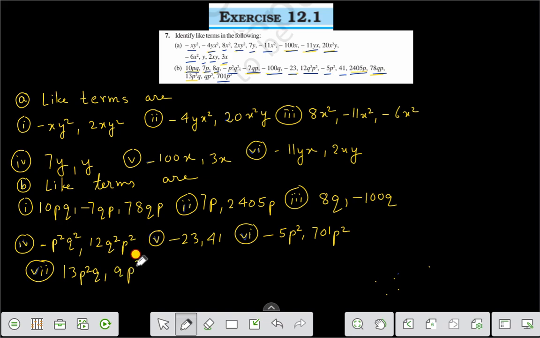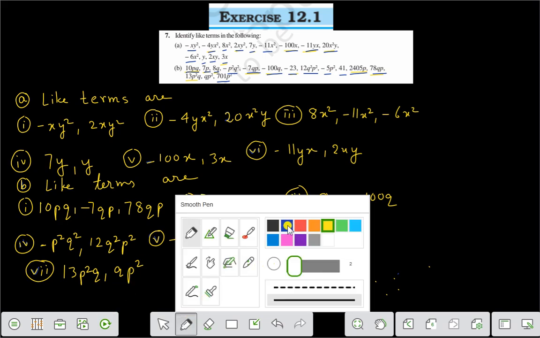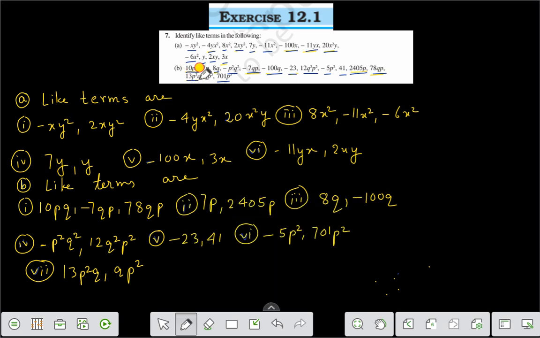Here you see that the power of p is the same, that is 2, and the power of q is also 1. Therefore they are like terms, right? If you underline the terms, here is p square, here is also p square, it is q, it is q. That means they are like terms because the powers of p and the powers of q are the same.